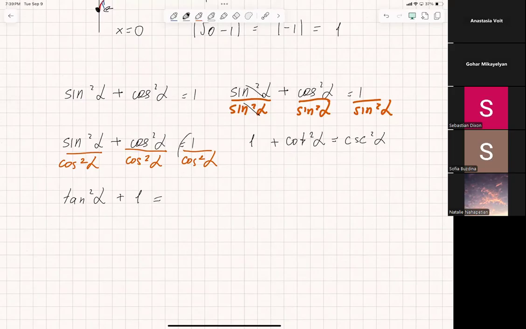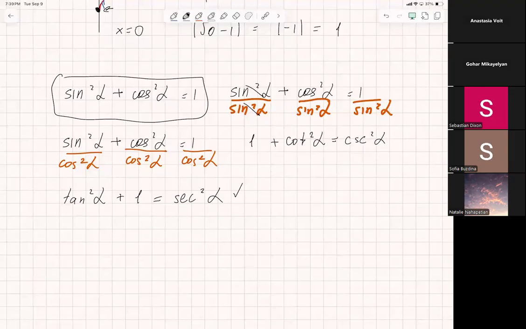And that is equal to 1 over cosine squared, that's secant squared alpha. And boom, you have your last Pythagorean identity. So you don't need to memorize them. If you forgot, it's important just to remember this sine plus cosine one, and the rest you can derive.